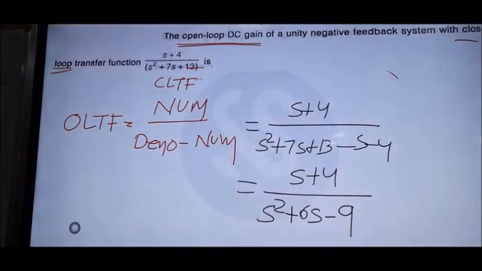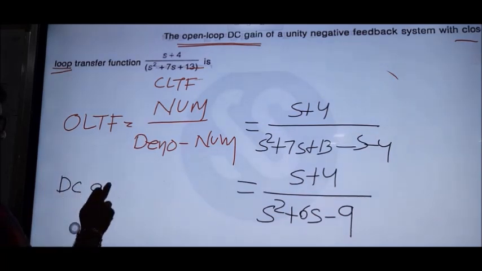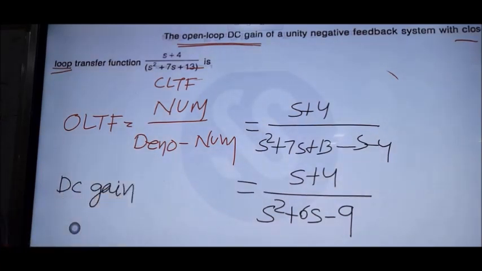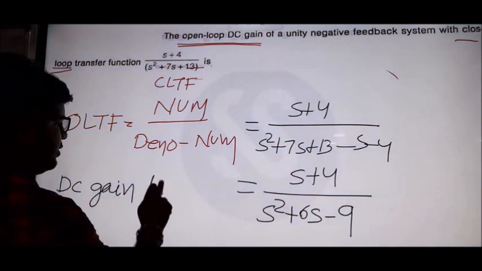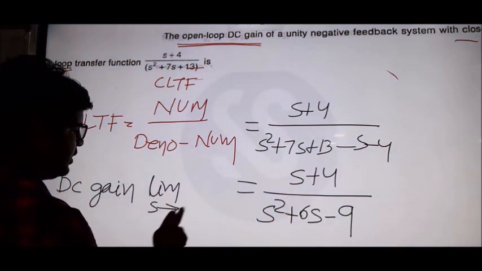Okay, so now to find DC gain, I just take limit s tends to 0.